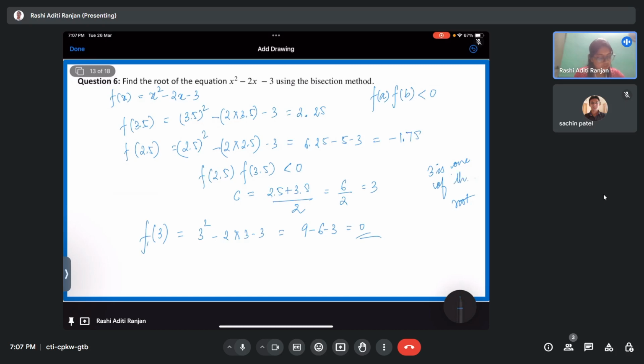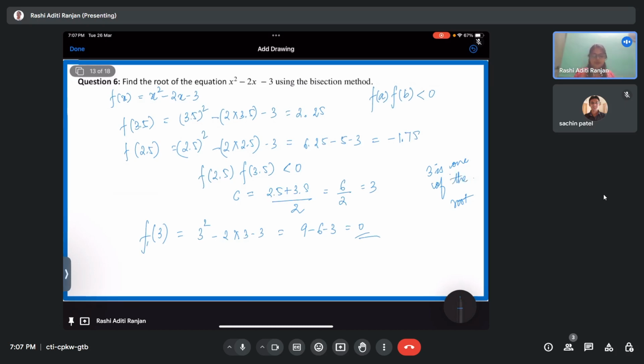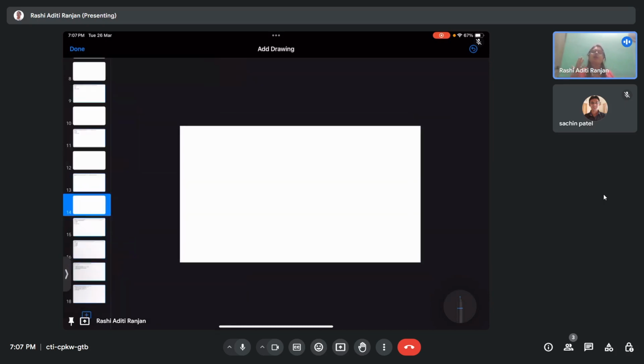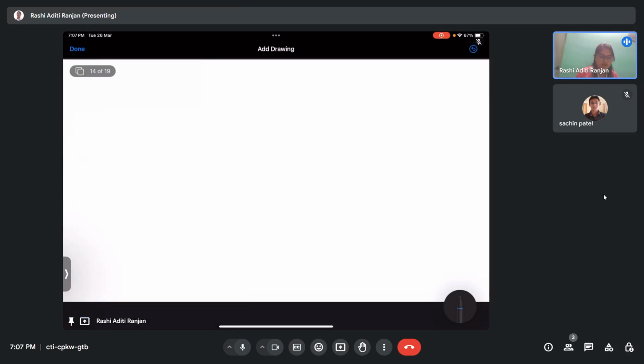Now, if you see, this is a quadratic equation, which means it is going to have two roots. I'll try finding the other root. If I have got one root as a real number, the second one is also going to be real, because a quadratic equation can have complex conjugates as roots also. But if I've got one as real, then the other one is also going to be real, right?